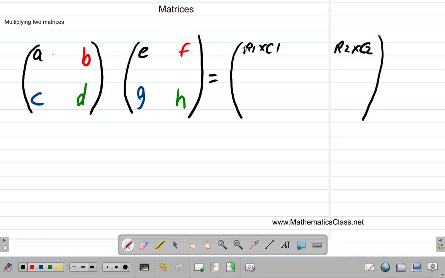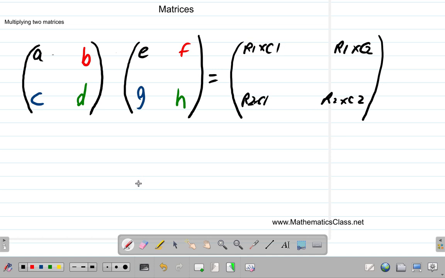Notice, this is row 1 of the answer. This is column 1 of the answer. This is in row 1, column 1. This is in row 1, column 2. I said row 2, it's row 1, column 2. Then we'll have row 2 times column 1. Then row 2 times column 2. You see?